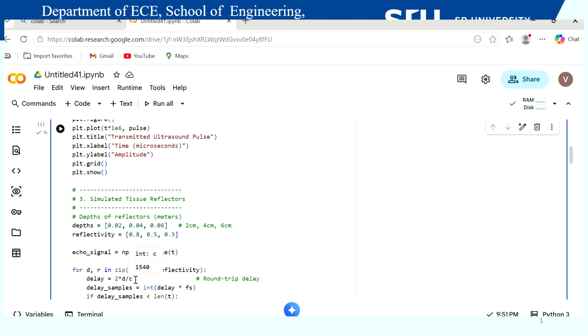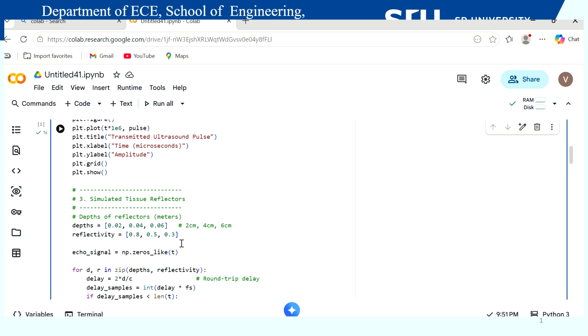Next we have to convert time into samples. So delay_samples is equal to int(delay times fs). Since the signal is digital, the delay must be converted into a sample index.